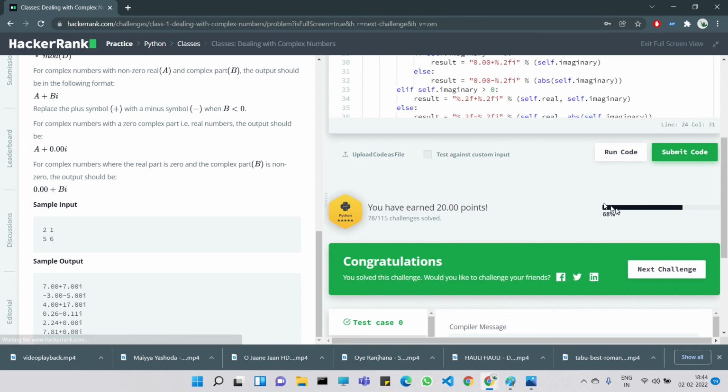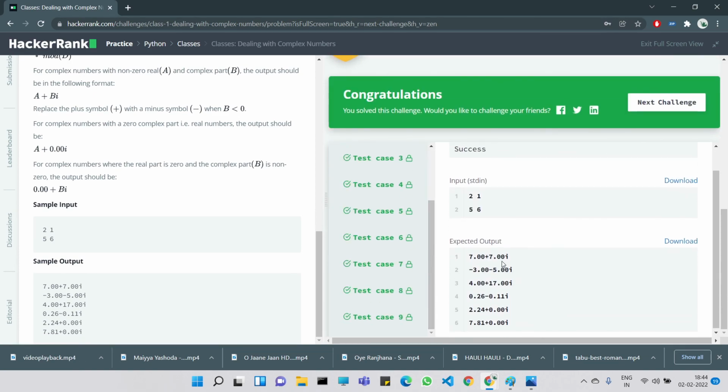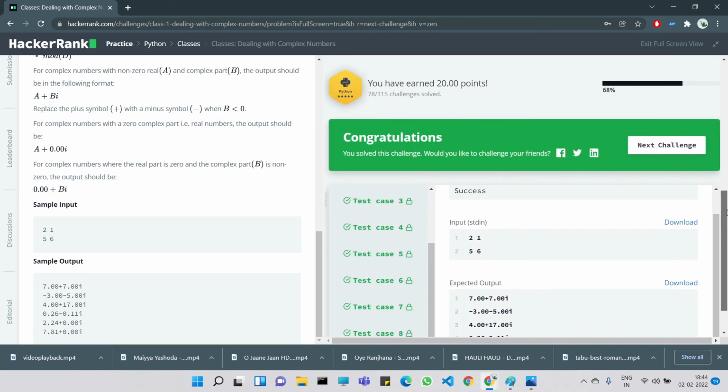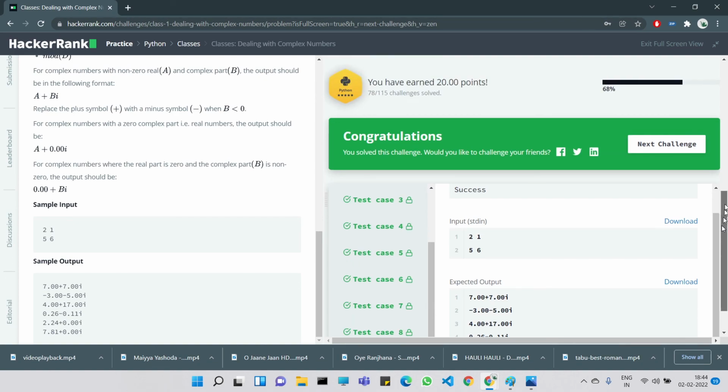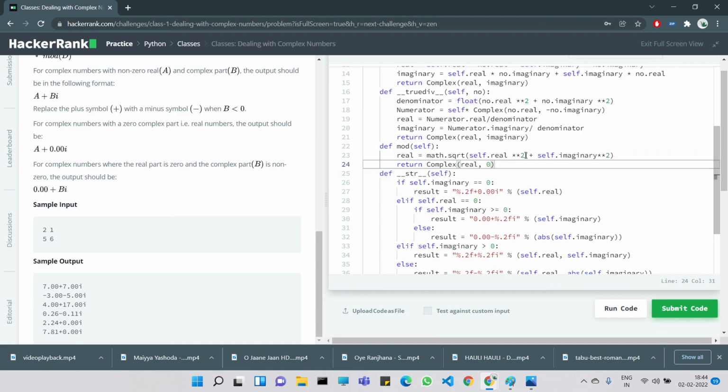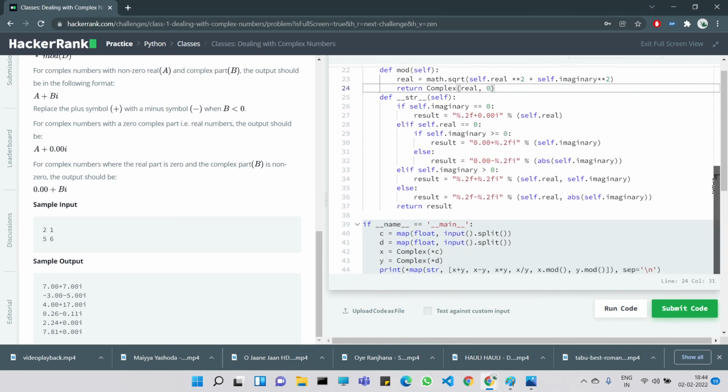Okay, we finally got all test cases correct too. So that's it. The formatting part is already done with the code itself. They have already done the hard part for us, so we did the remaining thing.